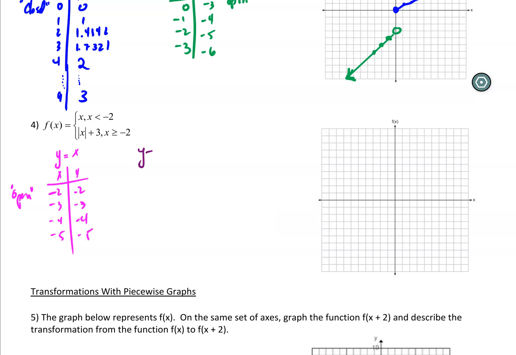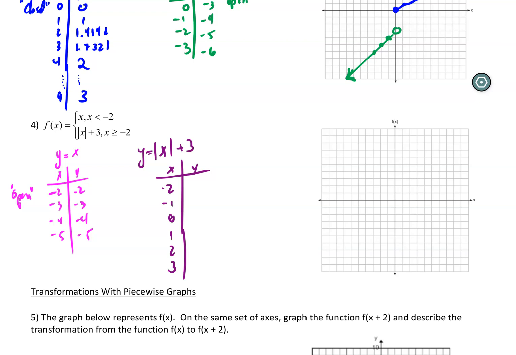We've got the absolute value of x plus 3. So this is on the outside. If you think of it from a transformation perspective, it's an absolute value up 3. So if I plug these in, we've got from where x is greater than -2, so -1, 0, 1, 2, 3, however many you want to go with there.